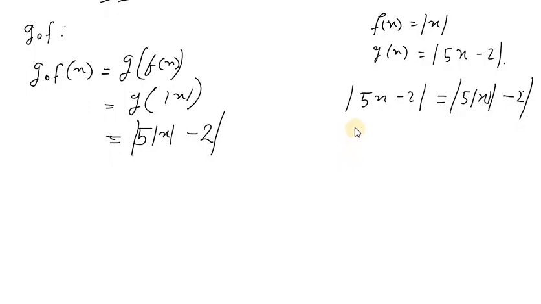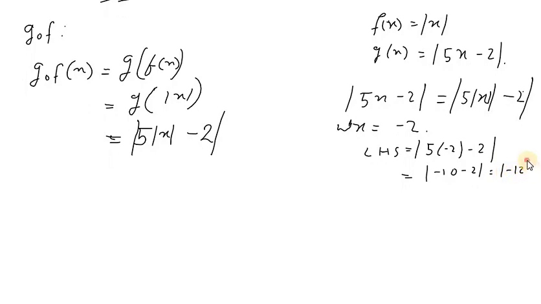Why? Because take x equal to minus 2. Then the left hand side is 5 times minus 2 minus 2, so minus 10 minus 2, which is minus 12, so absolute value 12. Similarly the right hand side is absolute value of 5 times absolute value of minus 2, minus 2.